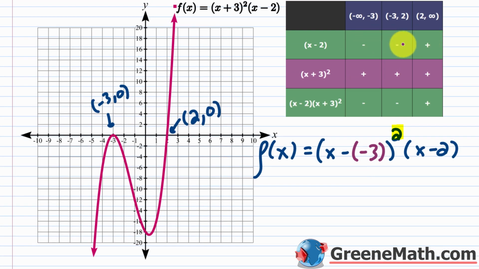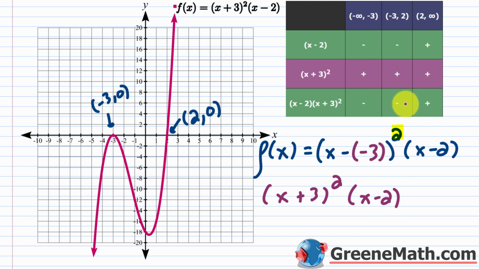It would be negative here and negative here. So what that tells me is that if I look at this other factor here, which is x plus 3 quantity squared, this guy is always going to be non-negative. It can be 0 when x is -3, so that's right there, but it's going to be positive everywhere else because of the squaring.